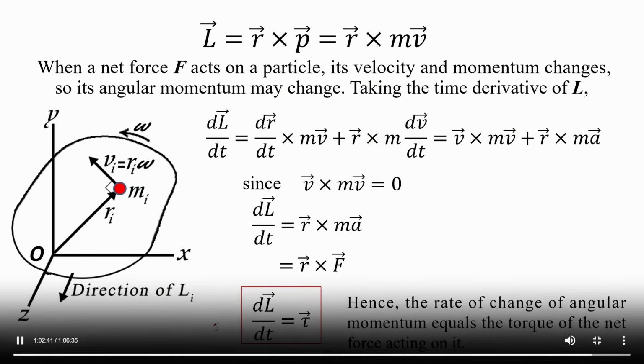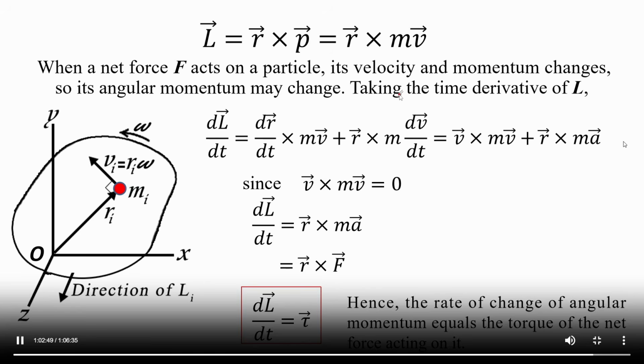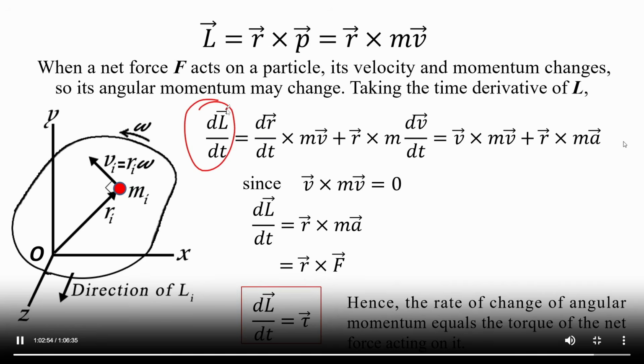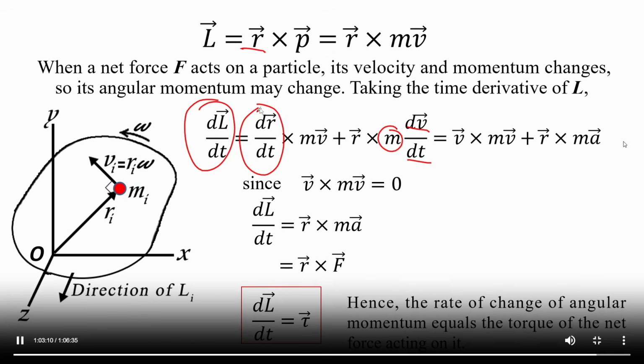So when a net force F acts on a particle, its velocity and momentum change, so its angular momentum may change. Taking the time derivative of L, dL over dt is dr over dt cross mv, plus r cross m dv over dt, by using the derivative rules. So the first is v cross mv plus r cross m dv over dt, which is a.